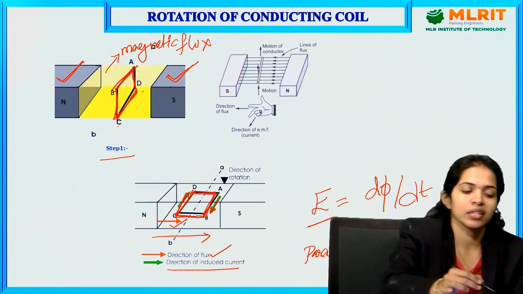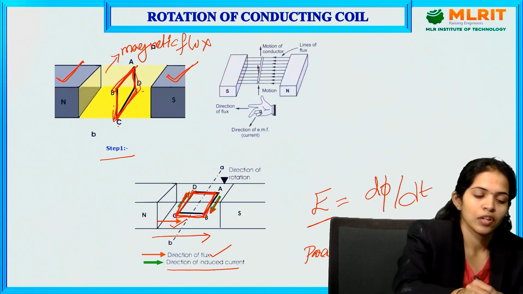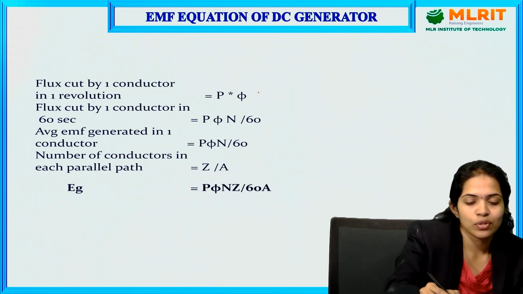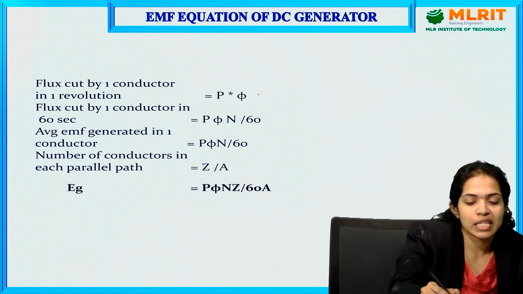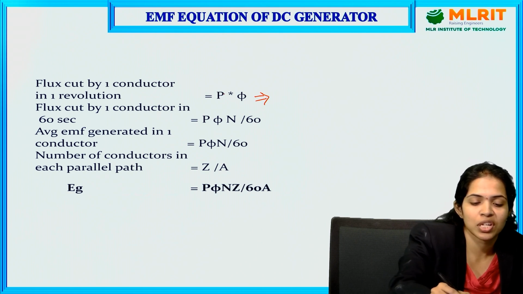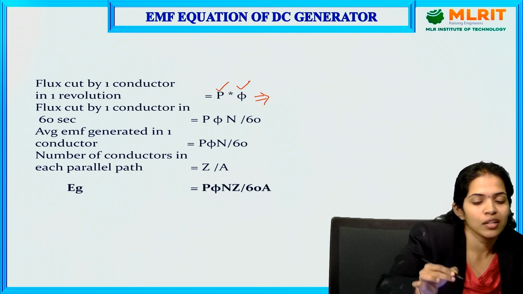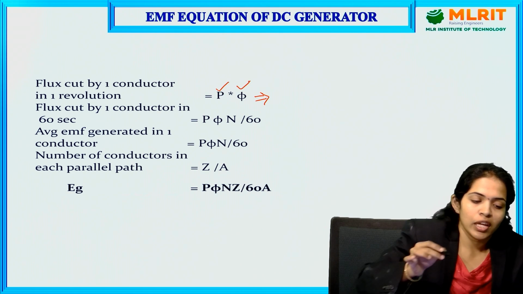This is the conductor. The flux cut by the conductor in one complete revolution is equal to the total number of poles multiplied by the flux generated by each pole, which is P into phi of each pole.